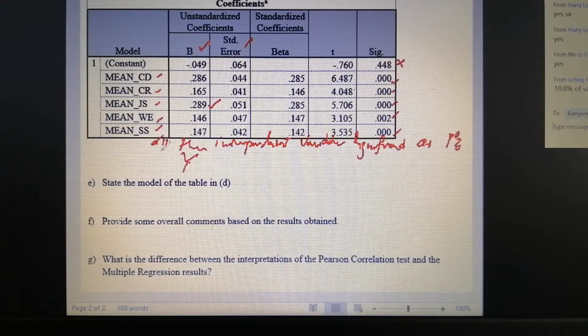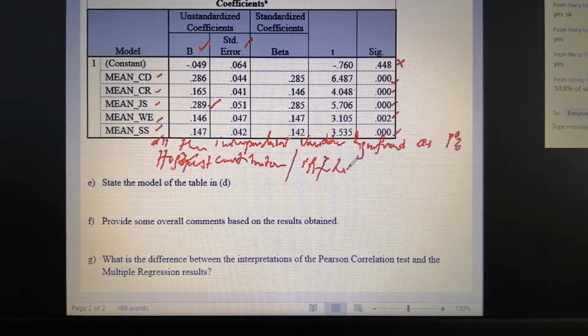So you can say that the second piece of information you collect from the unstandardized coefficients is that the highest contributor, or influential, to this model is JS. It's 0.289.